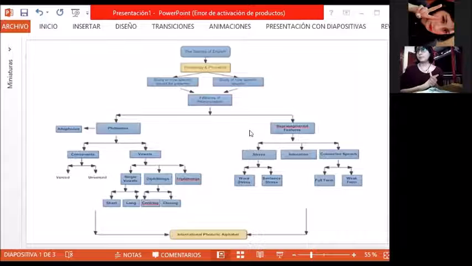Now, the suprasegmental features have to do more with the way we speak, not in isolation. Stress can be divided into word stress and sentence stress.